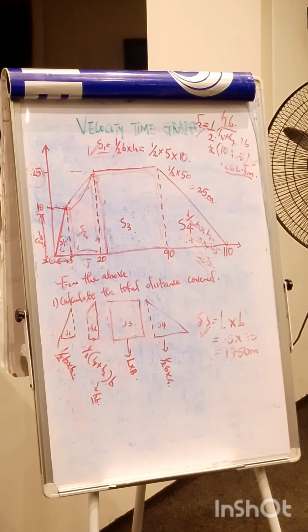So now let's add our first house, our second house, which is our second section, our third house, our third section, and the value of our fourth house, the fourth section. We'll add all of them together and we'll get our total distance covered. Let's begin to add. You start from S1.